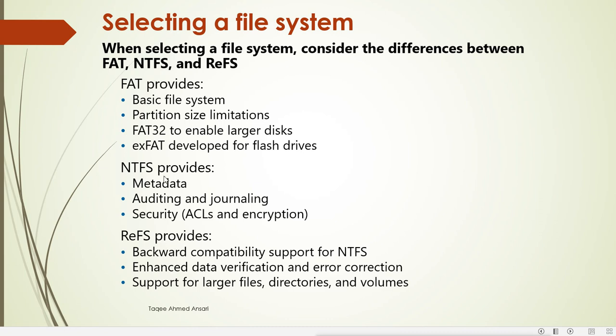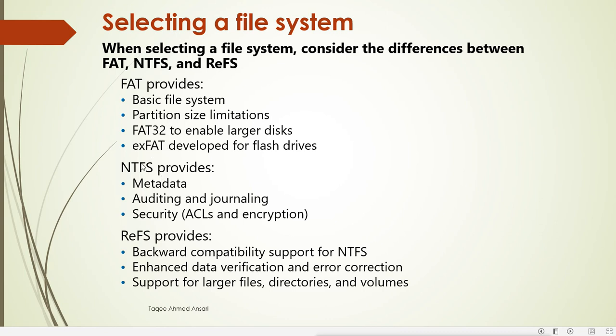Then we have NTFS. This is the default file system for Windows. So when we install any Windows operating system, it will by default create an NTFS file system. Now NTFS gives more options than FAT.